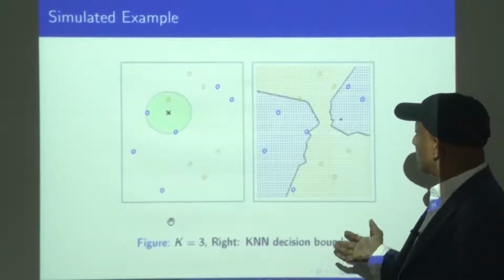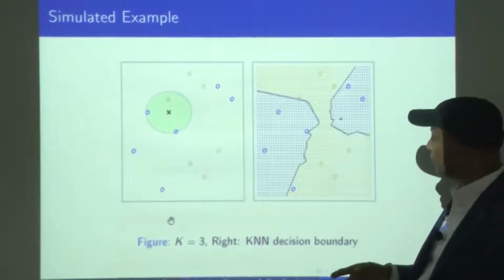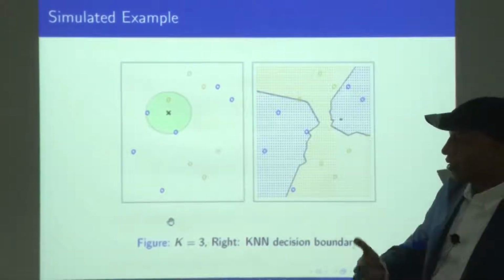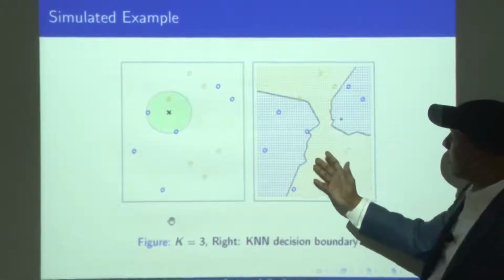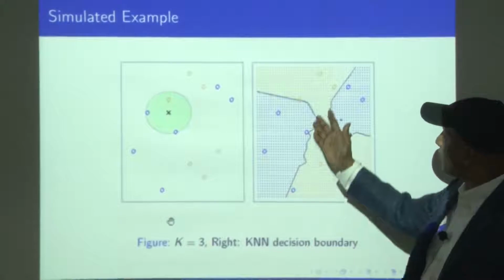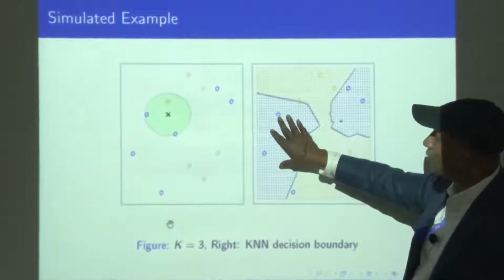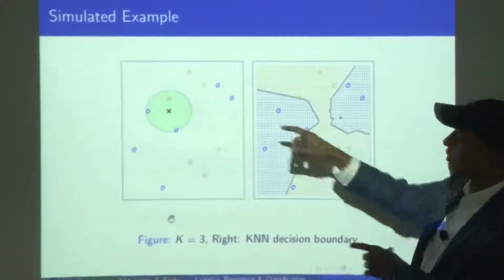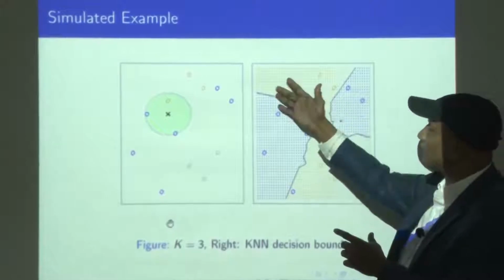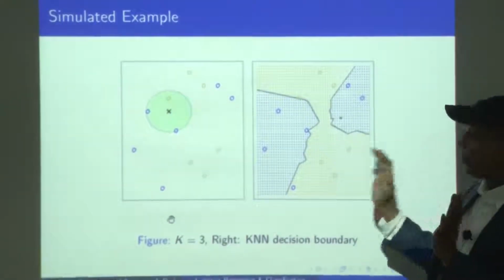Like our Bayes classifier or the LDA classifier, we had a straight boundary line, but here the boundary line is not straight. This is the class where the groups are divided: this is the blue group, and this is the yellow group. So this boundary line is very arbitrary.